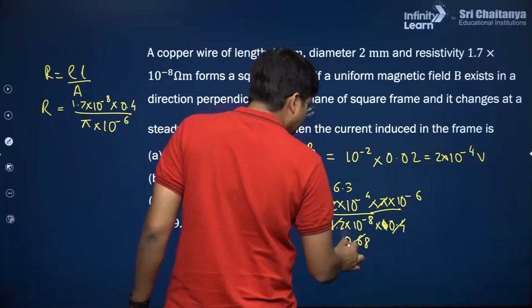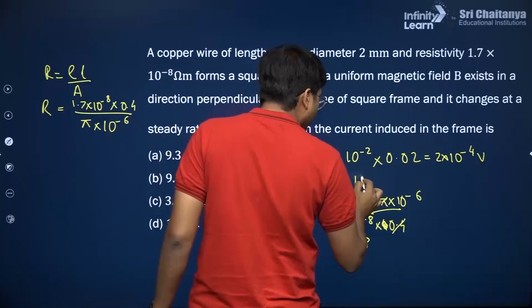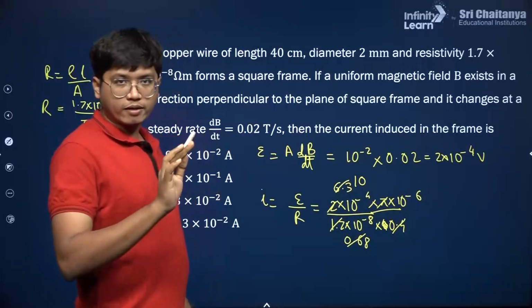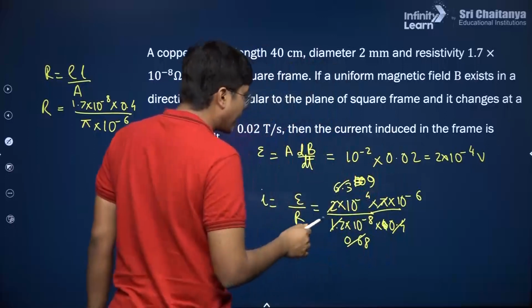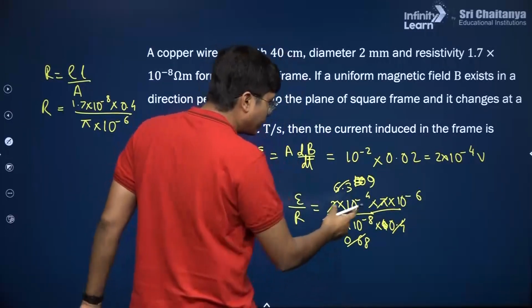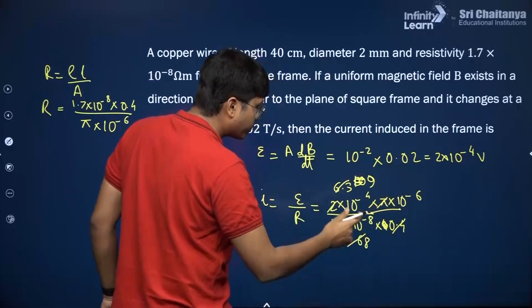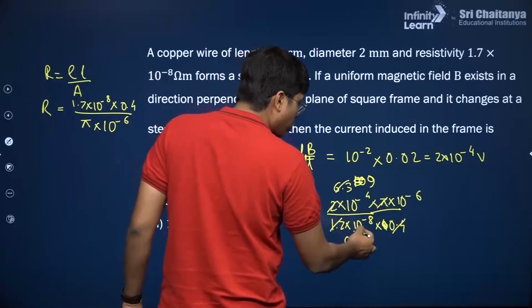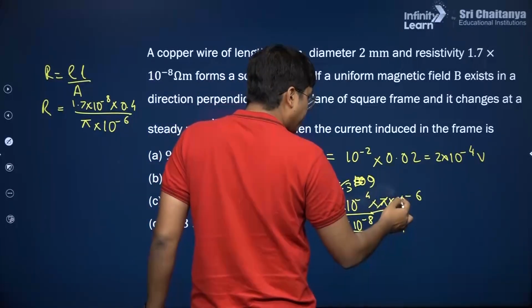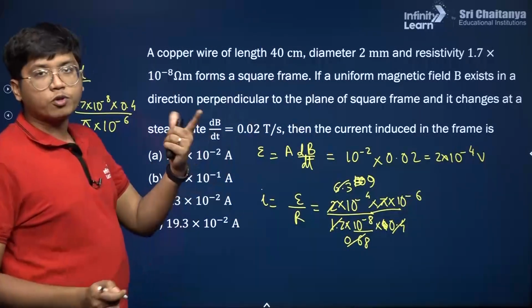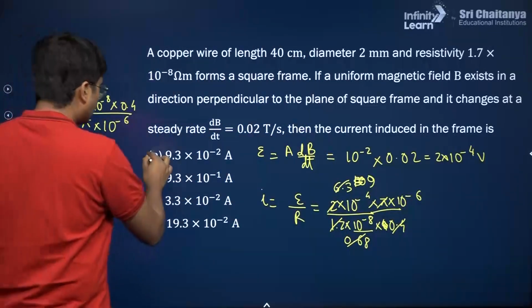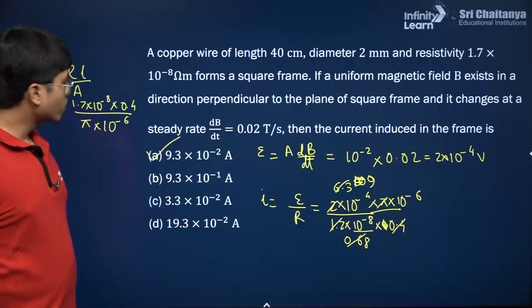So when I cancel this, I would have got a factor of roughly 10. Let's keep it 9 itself, because we have the factor 9 here. What happens to the 10 to the powers? Over here, 10 to the power minus 8, and up top we have 10 to the power minus 10, which means it's going to be 9 into 10 to the power minus 2. So this is going to be our correct option.